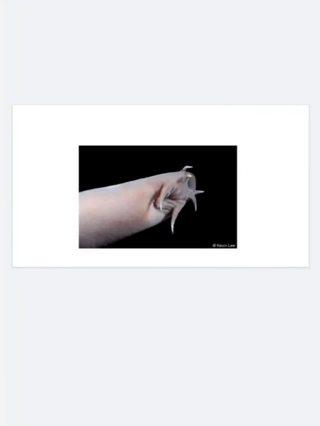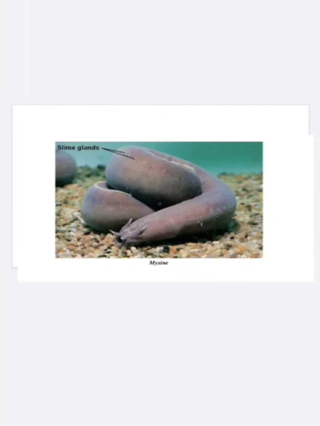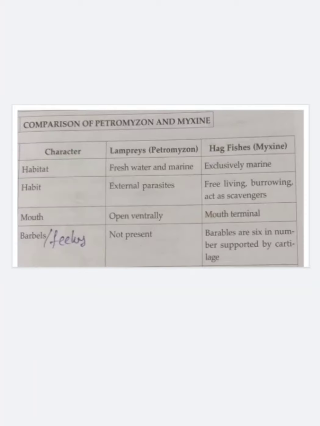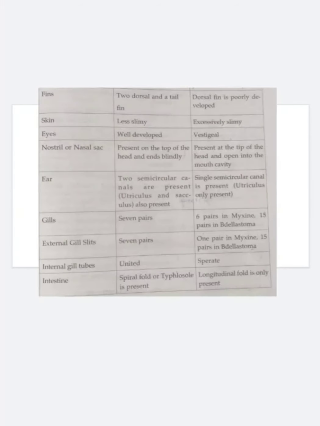In the picture of Myxine we can observe the presence of barbels, but these are not seen in Petromyzon. There are six in number, supported by cartilage.